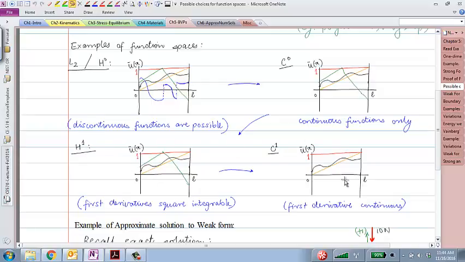And now I'm also removing this green function because its derivative would be a discontinuous function, correct? A function that has a discontinuous first derivative is not in C1. C1 is the space of functions for which the first derivative is continuous.